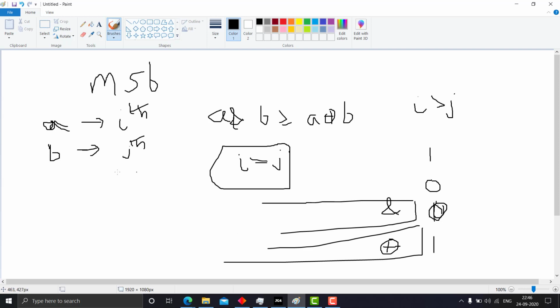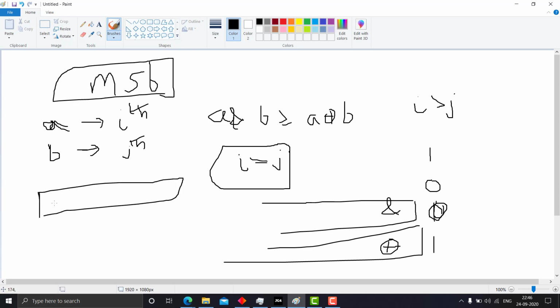So what we need to do is just calculate the MSB of each number. Then in the array we have the MSB of all. Just keep a count of how many times each MSB occurs, and the formula would be count times count minus 1, divided by 2.